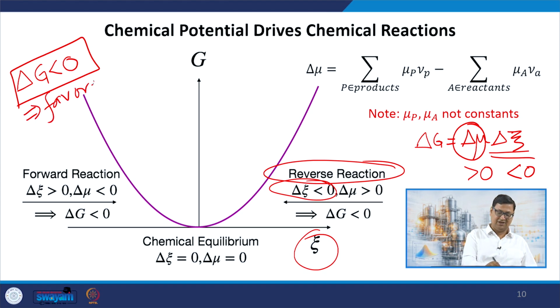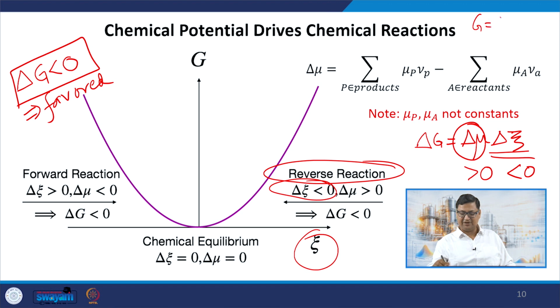You must have heard this in various contexts. Whenever something lowers G, that will be the favored process, just like whenever something increases the entropy, that becomes the favored process.